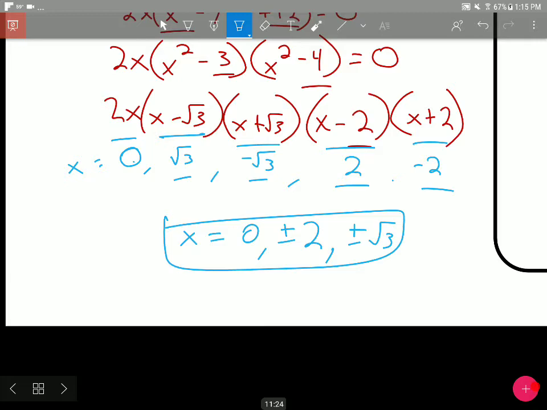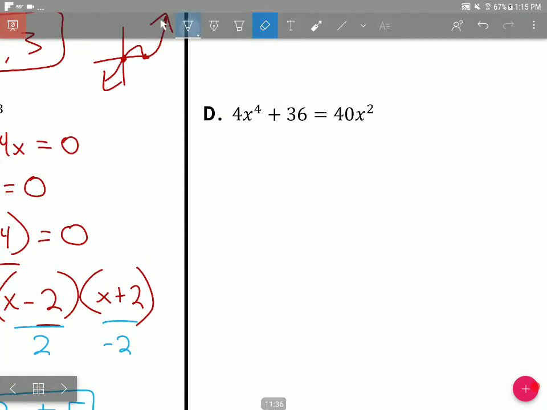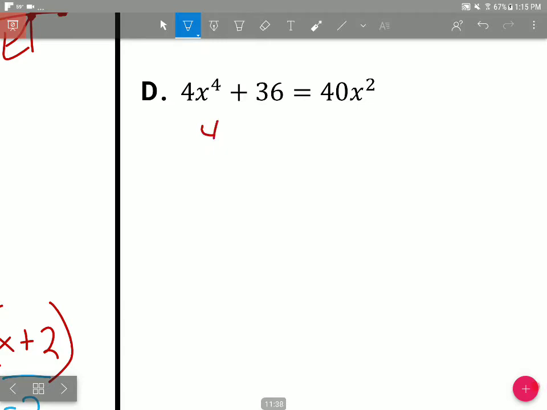I think you can. You give it a shot. We'll start here. First thing you gotta do is what? Move the 40. I'll get you started. So that's 4x squared, x to the fourth, I'm sorry, minus 40 x squared plus 36 equals what? 0.